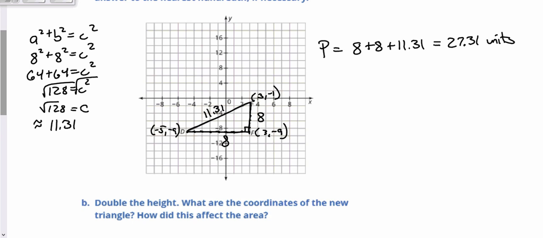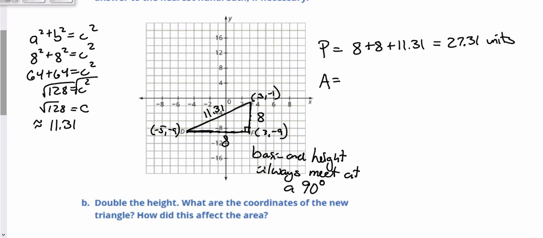Okay, all right, the area. I didn't need the hypotenuse for the area, but base times height. In this case, the base and the height of a triangle always meet at a 90 degree angle.